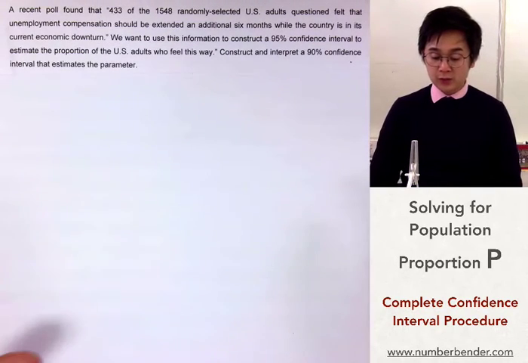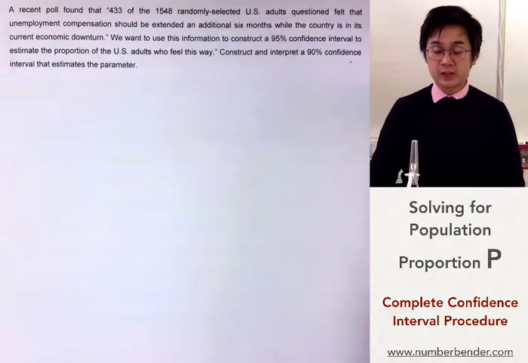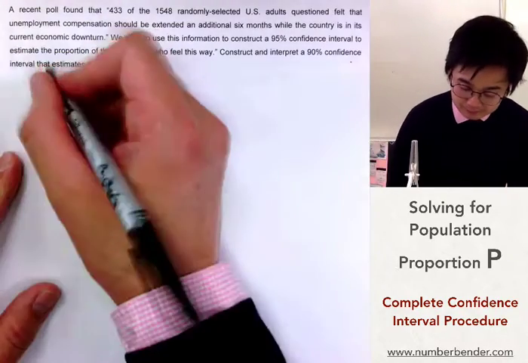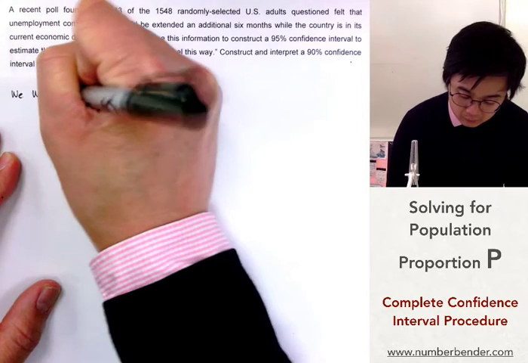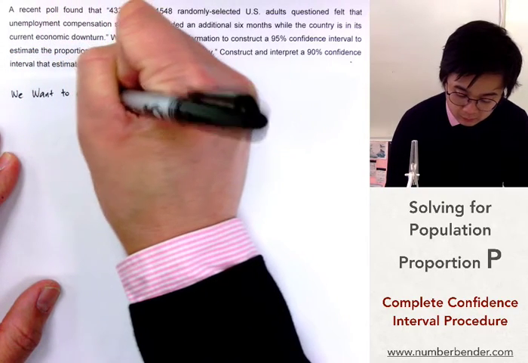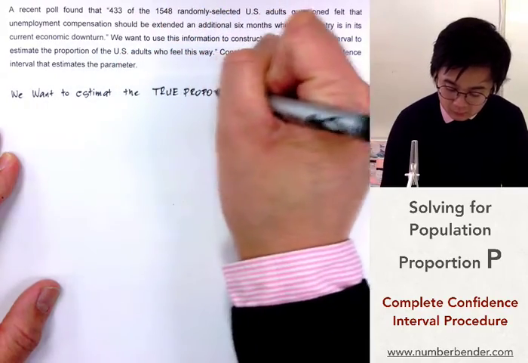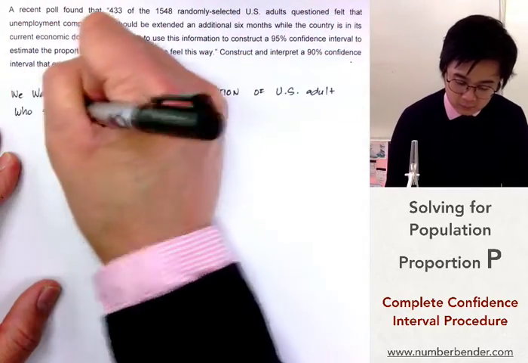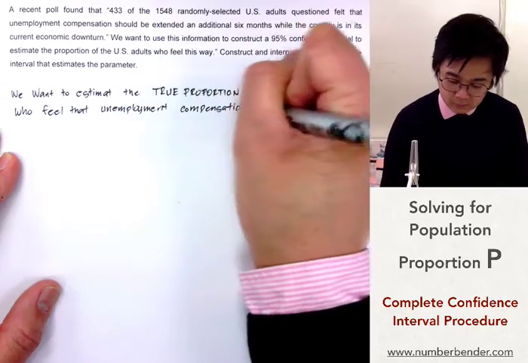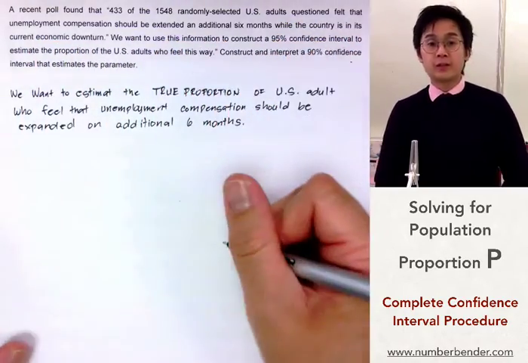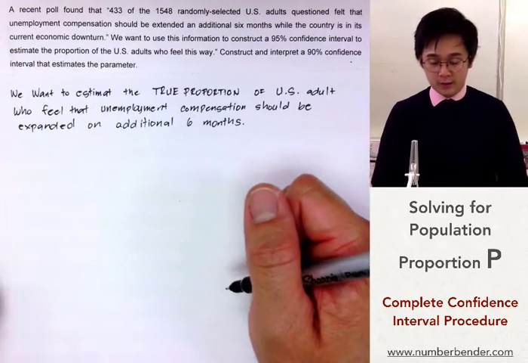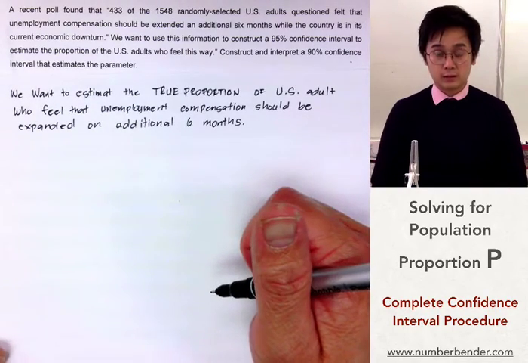So our population of interest: we want to estimate the true proportion of the condition stated above. So this is to set the stage on our confidence interval computation.